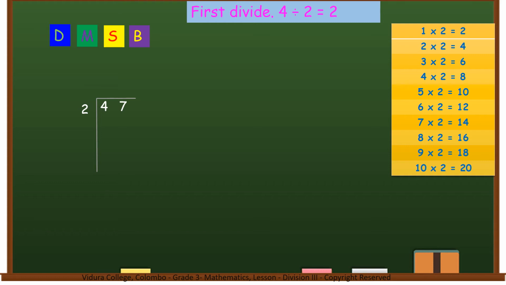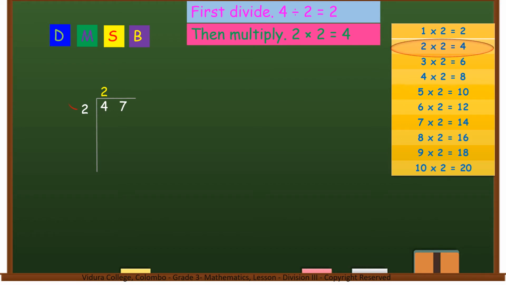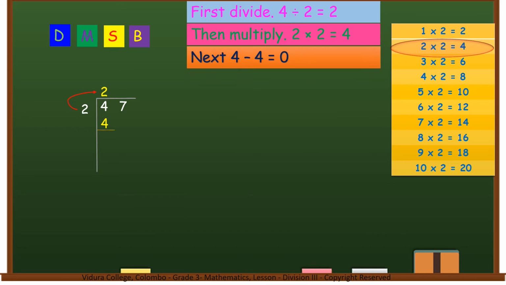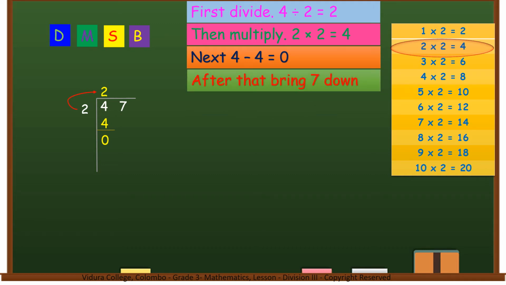Write 2 on 4. Then multiply. 2 times 2 is 4. Write 4 under 4. Next, subtract. 4 subtract 4 is 0. Write 0 as I showed on the screen. After that, bring 7 down.